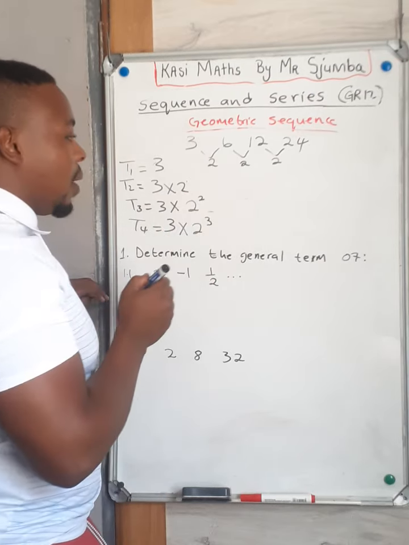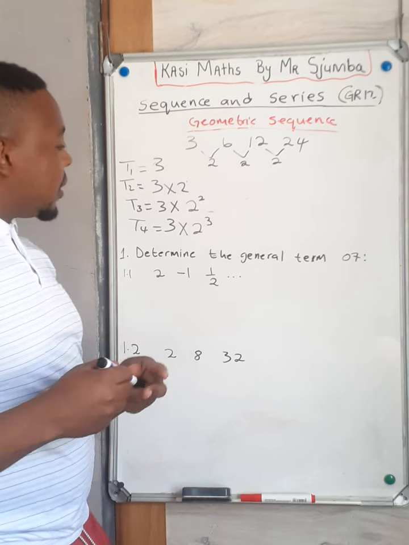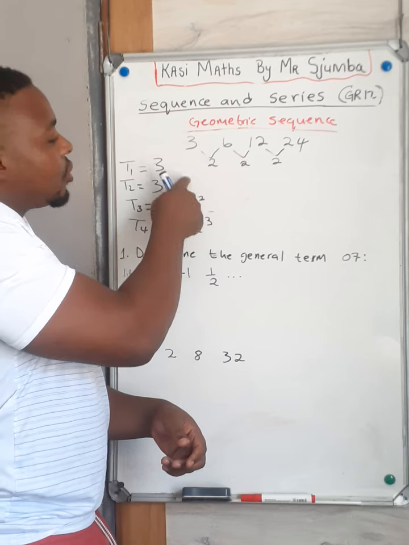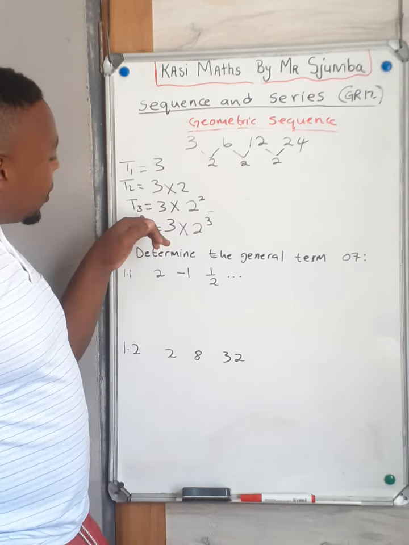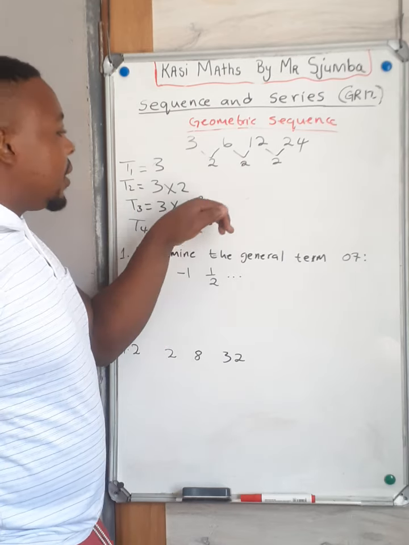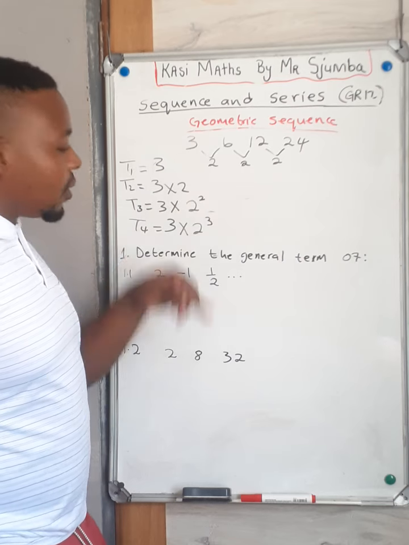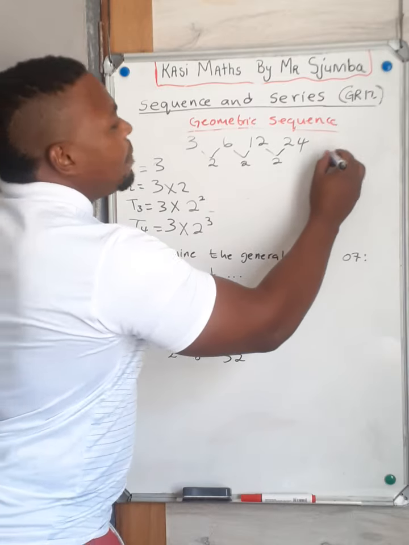Here we have 2 raised to 1. If you notice the trend, when it's term 2, the common ratio is raised to 1. When it's term 3, the common ratio is raised to 2. Term 4, the common ratio is raised to 3.